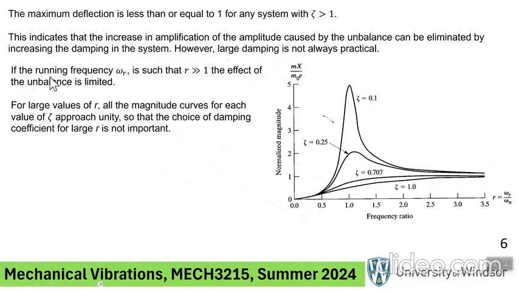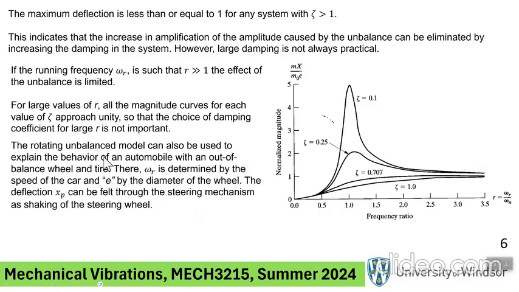The effect of unbalance is limited for high speeds. And this is irrespective of the level of damping. And that's what it's saying. Damping is not important when the speed is very high.